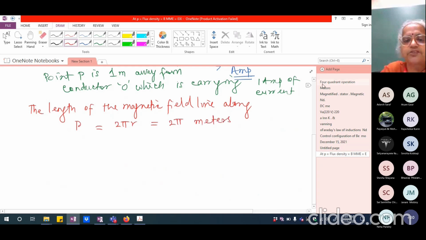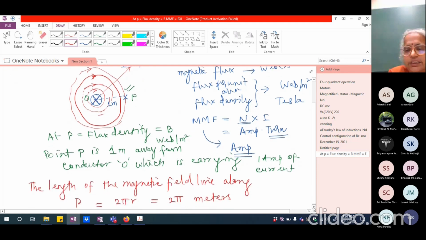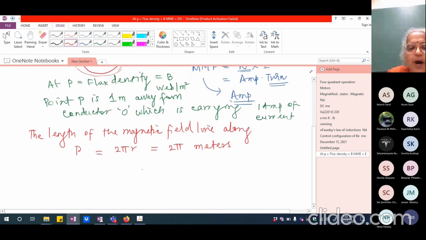This is the length of the magnetic path along this point P. And 1 ampere of current is flowing through just one conductor, which is causing an MMF of 1 ampere turn. That's it, because there is no turn. MMF in this particular case is number of turns multiplied by the current. There is only one conductor, and this has 1 ampere of current.